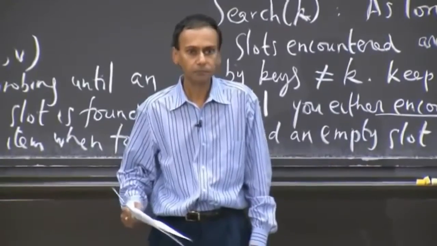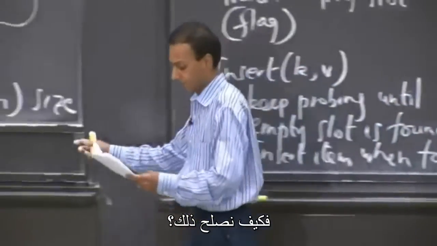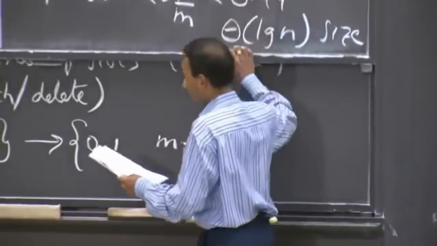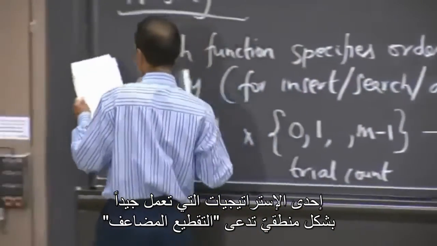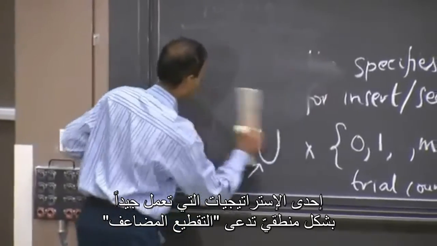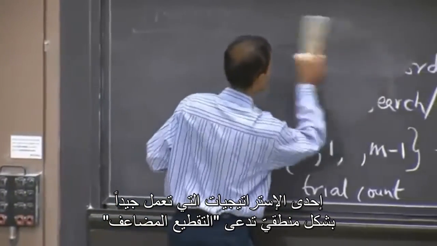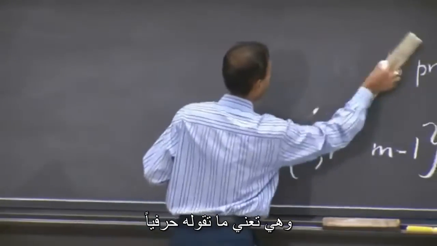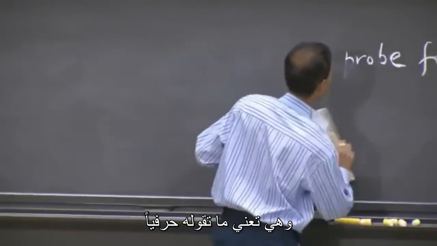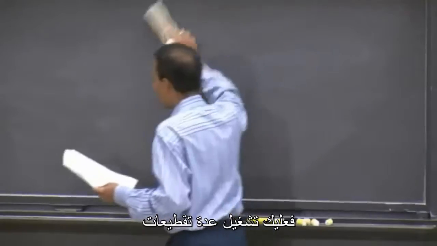Okay? So how do we fix that? Well, one strategy that works reasonably well is called double hashing. And it literally means what it says. You have to run a couple of hashes.